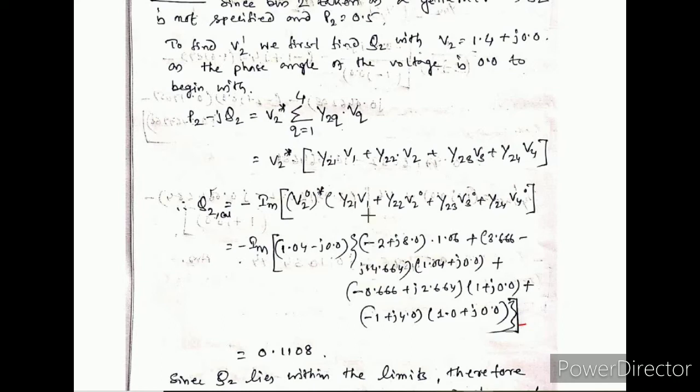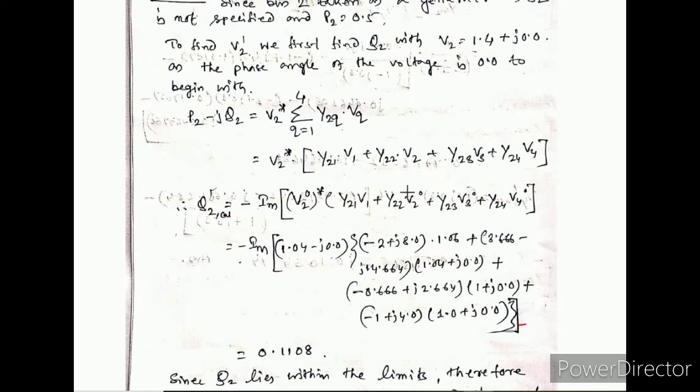If you see my algorithm, you can see the formula to find this one is the imaginary part of V2 to the power k conjugate multiplied with the summation of q equal to 1 to p minus 1 of Ypq into Vq to the power k plus 1, plus the summation of q equal to p to n of Ypq into Vq to the power k.